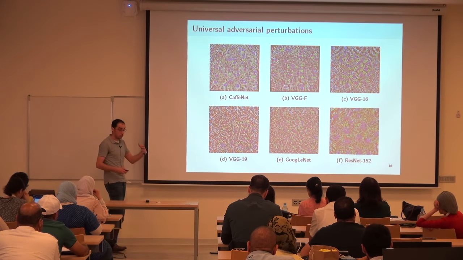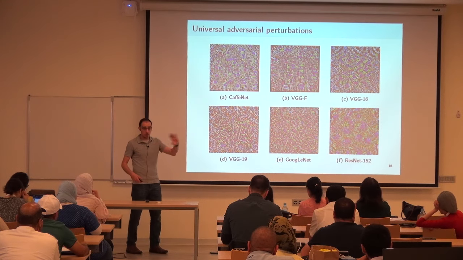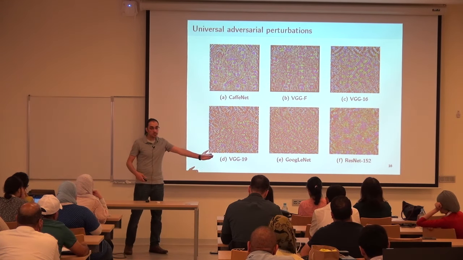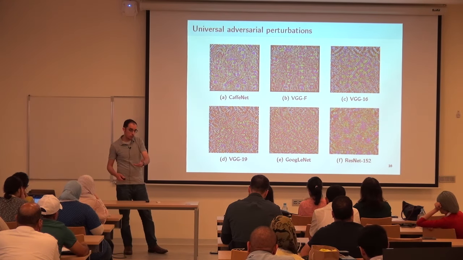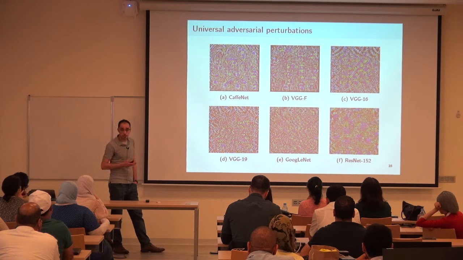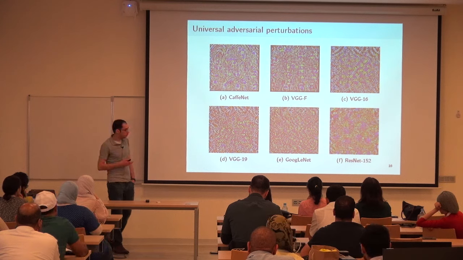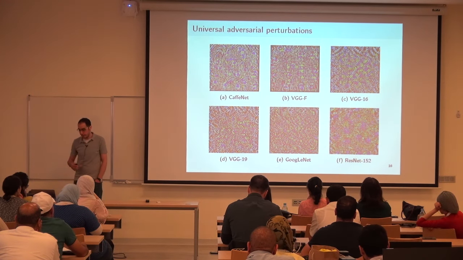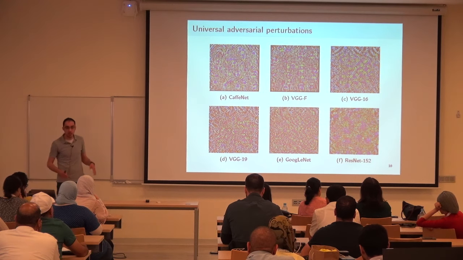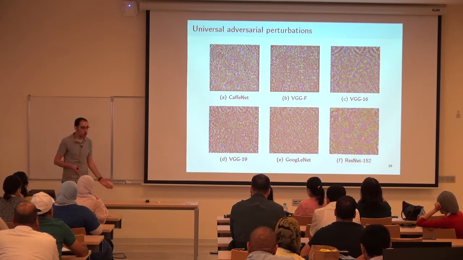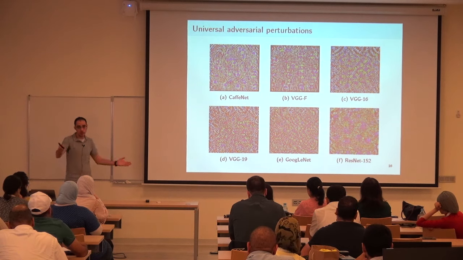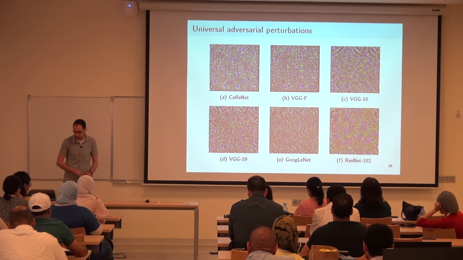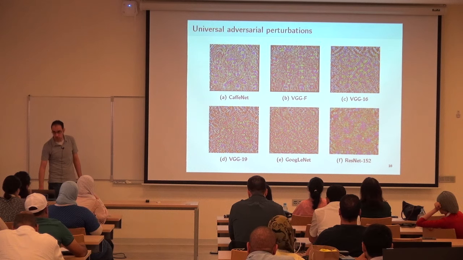You can train your universal perturbation on a completely different network, and then test it on the network that you're actually trying to fool, and it's still going to work quite well. The fooling rates you get are quite large. By doubly universal, I mean universal across the different images and universal across the different networks. Okay. Clear?